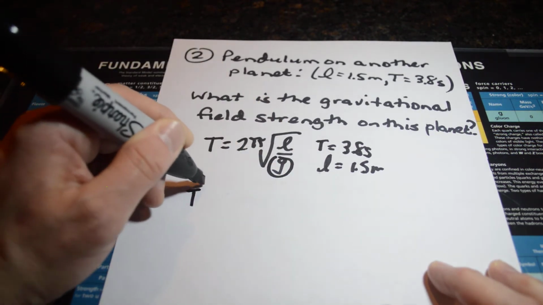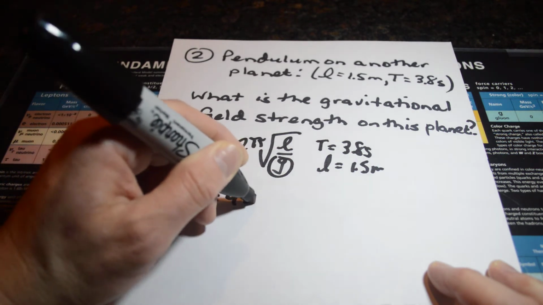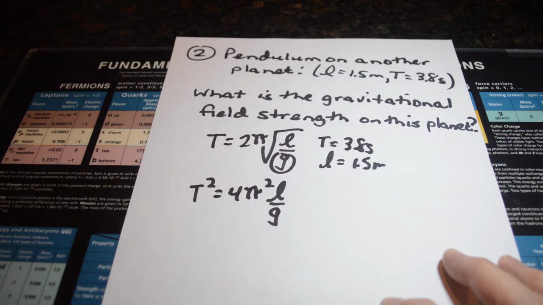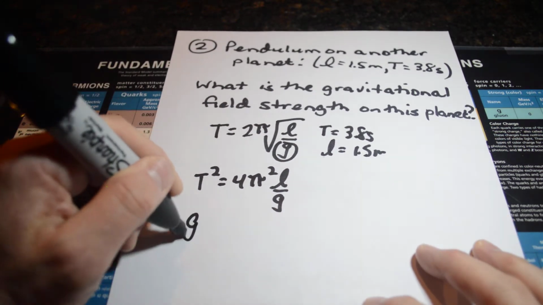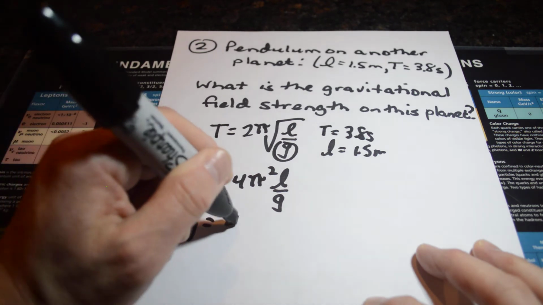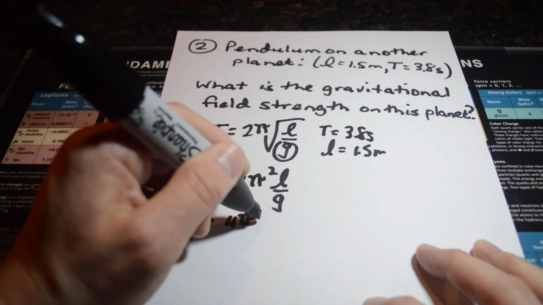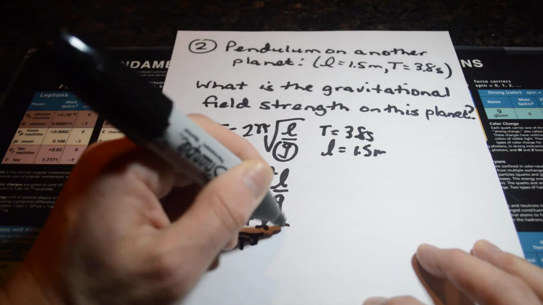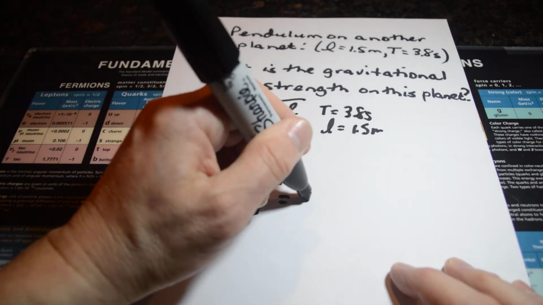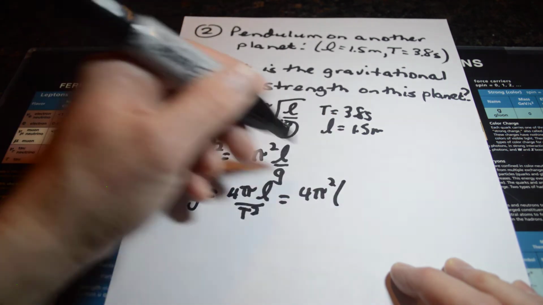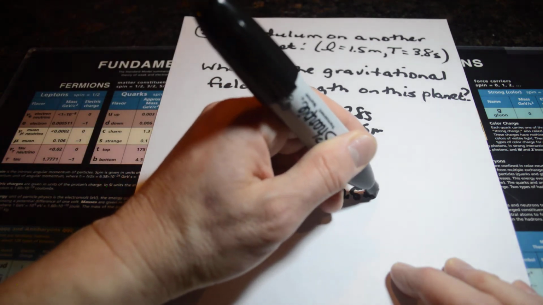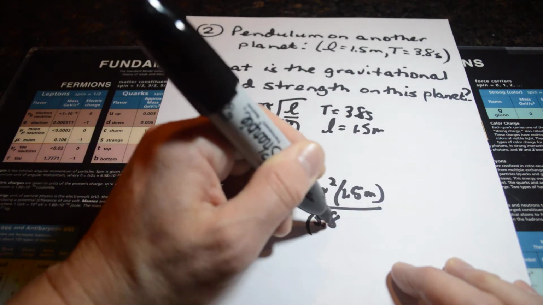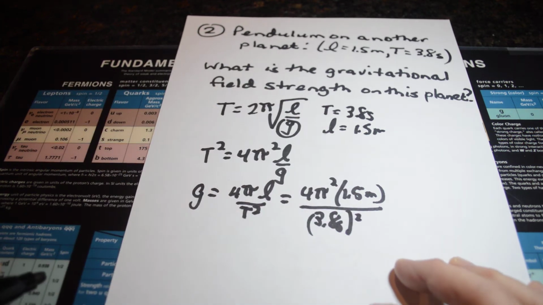They give you in this problem that on another planet, the period is 3.8 seconds, and the length of the pendulum is 1.5 meters. So we probably have to square both sides of this equation. T squared is 4 pi squared L over g, and solve for g. g is then equal to 4 pi squared, if we cross multiply, L over T squared. So we could put in 4 pi squared, L is 1.5 meters, and T is 3.8 seconds, and we're going to square it.